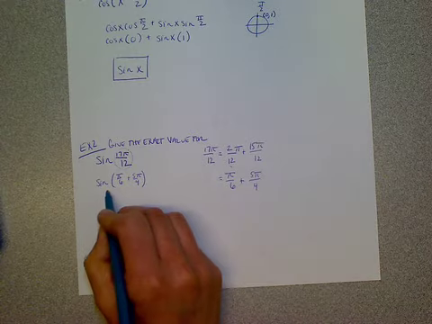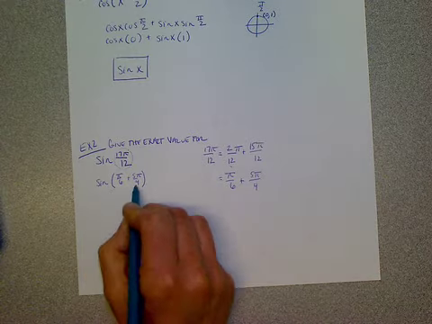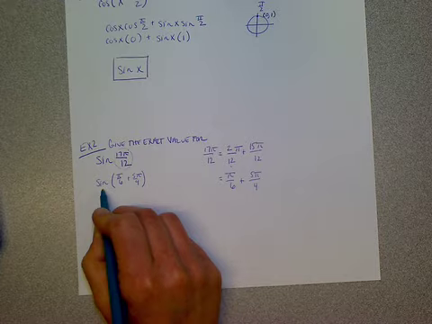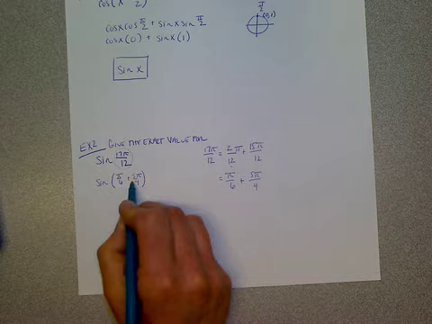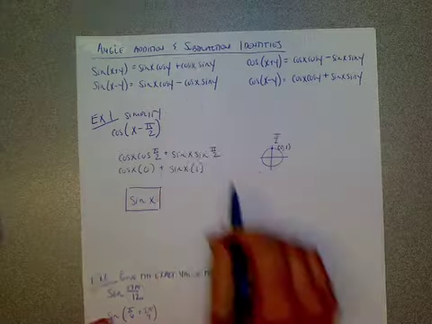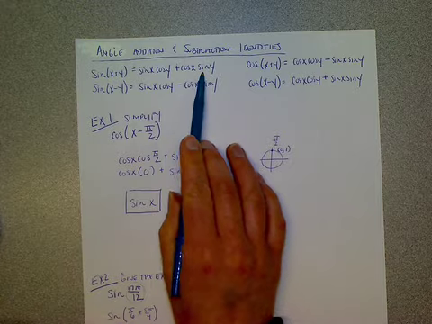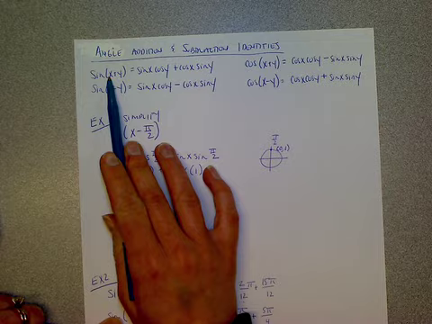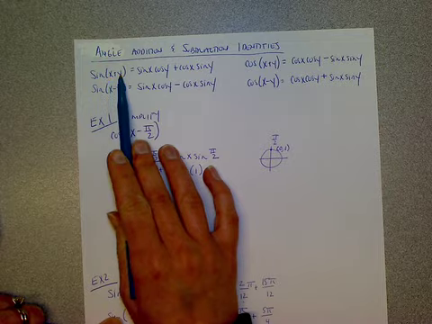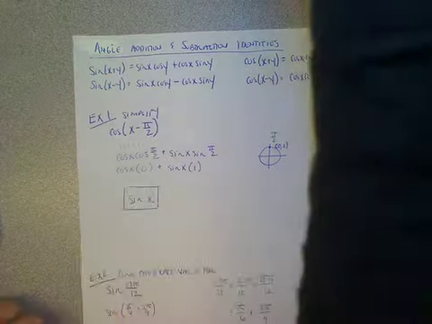I then can apply my angle addition identity for sine. Sine of x times cosine of y plus cosine x times sine y. So I'm just going to replace my x with pi over 6 in this case, and my y with 5 pi over 4.